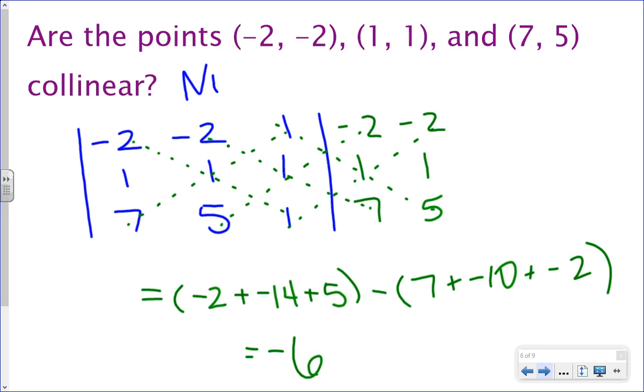No, these are not collinear because the determinant is not 0. What did you say, Eli? Okay, the area of the triangle that these 3 coordinates would make would be 3. That would be accurate.